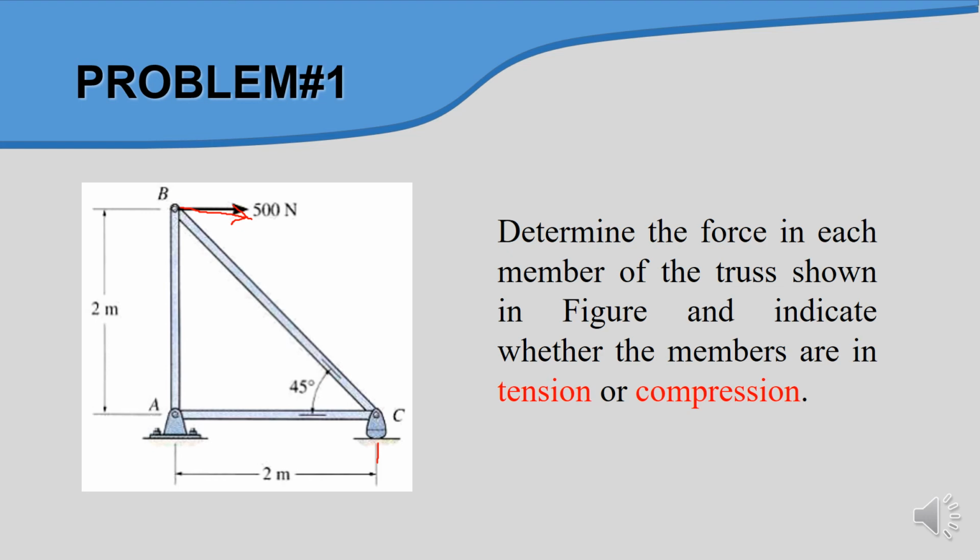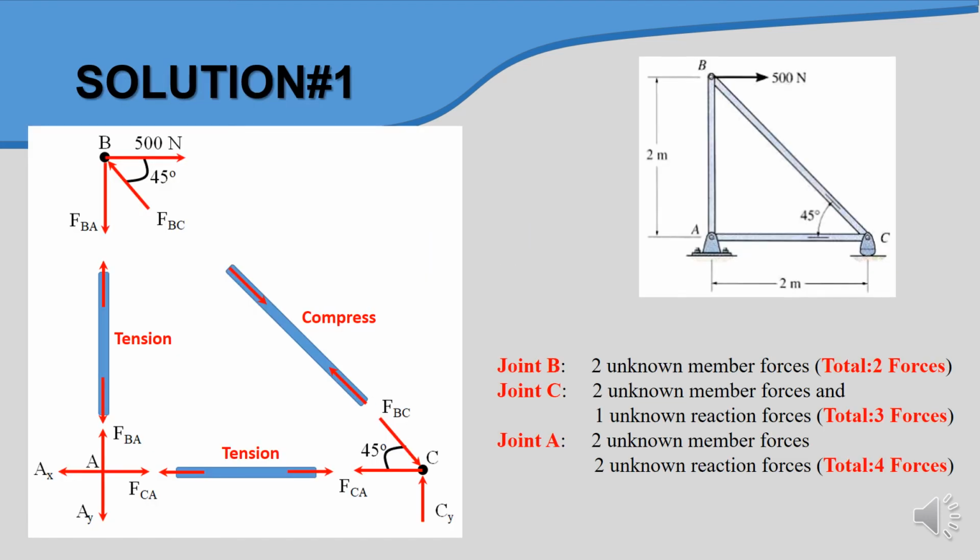The question asks for the tension or compression of each member, so the first thing we need to do is break up the diagram into 3 members and 3 joints, A, B, C.